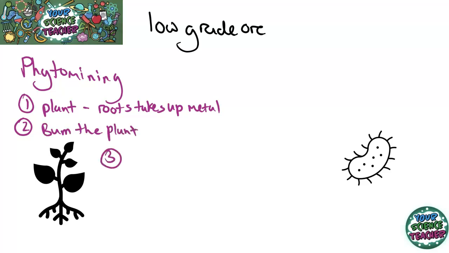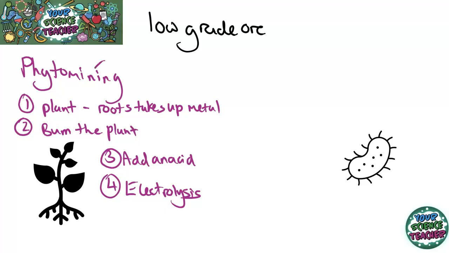And then finally what we do is we add an acid to the ash, and then we can carry out an electrolysis and we can collect our metal from that solution.